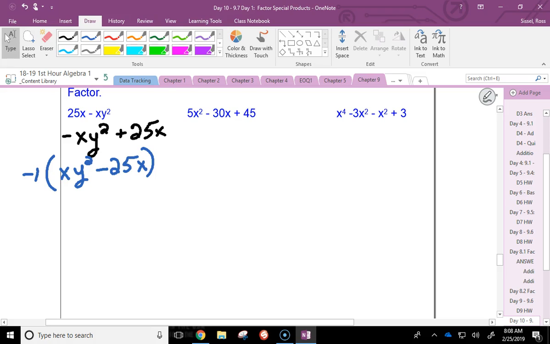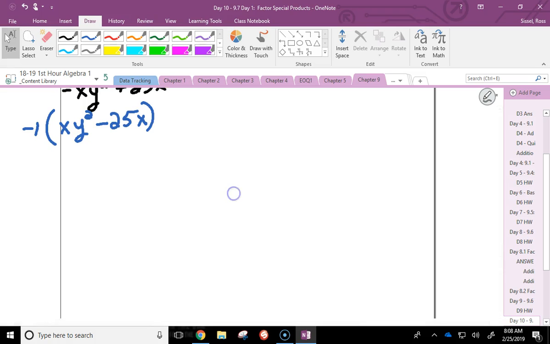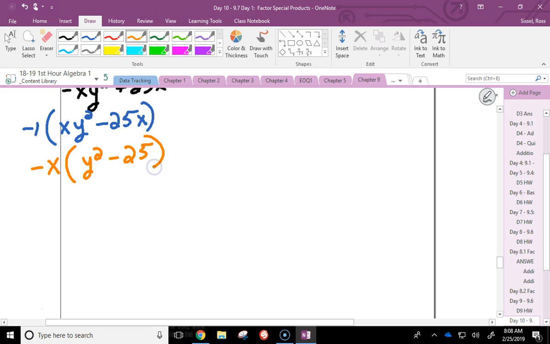If I take an x out, this is going to change from negative 1 to just negative x, because negative 1 times the x is negative x. So now I'm going to have negative x out. And I took the x away, so I have y squared minus 25, because all I took out was the x. Okay. Is that my answer?